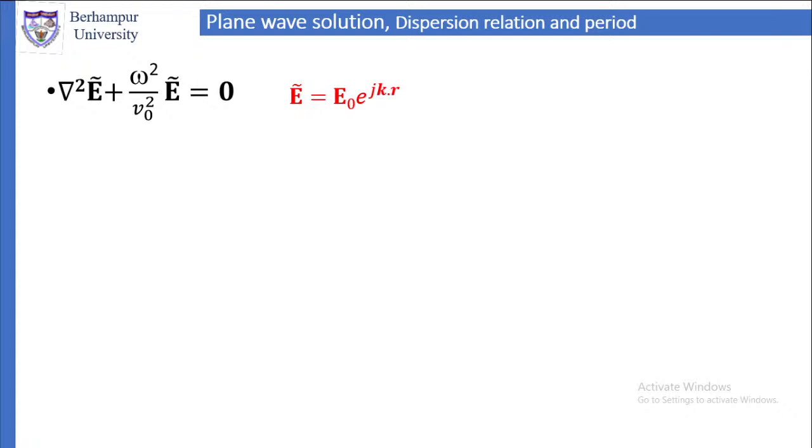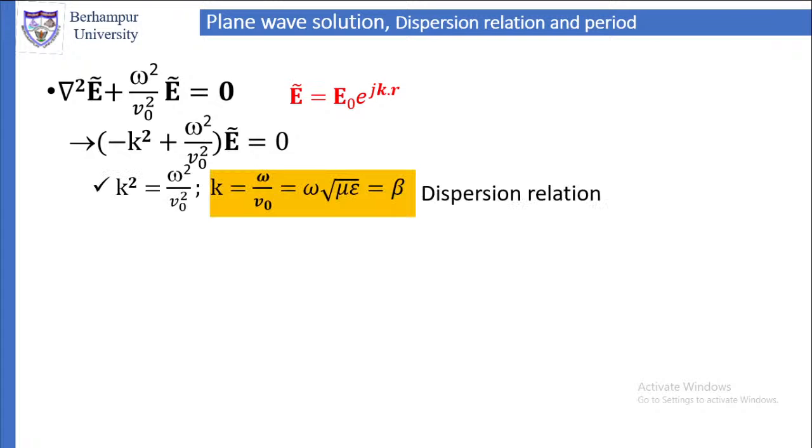And we have seen the form of E tilde is equal to E0 exponential of minus jk dot r. Now if I put that into the equation, plus omega square by V0 square into E tilde is equal to 0. Now E tilde is not equal to 0, that is, the field is not equal to 0. Since E tilde is not equal to 0, k square is equal to omega square by V0 square.